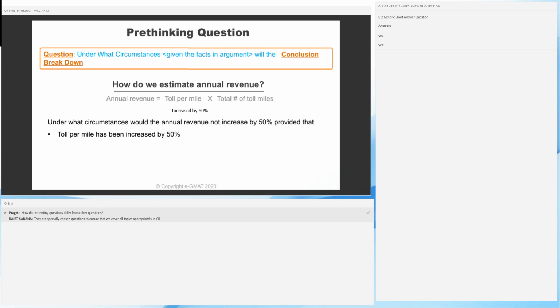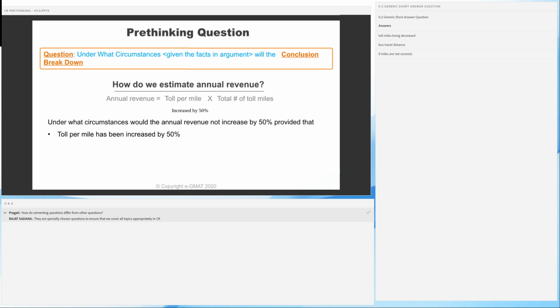Now, under what circumstances will the annual revenue not go up by 50%, provided that we know that toll per mile has increased by 50%? What are the circumstances in which the annual revenue will not go up by 50%?